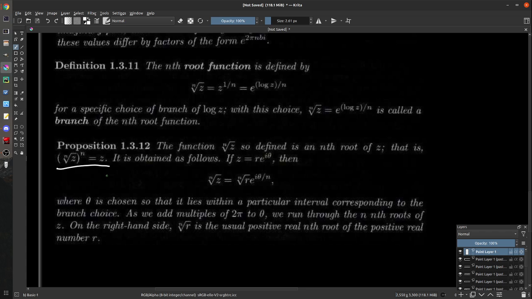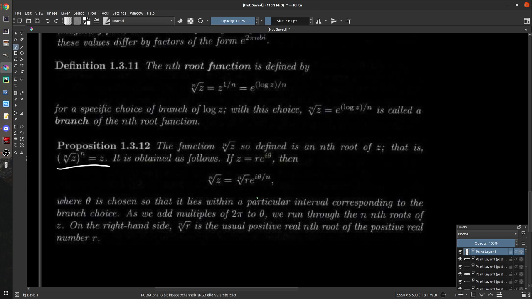But it is something that you actually have to check. It's not weird that you have to prove it, and it's not difficult to show. It's just something that is worth verifying, and proposition 1.3.12 verifies that that is the case.